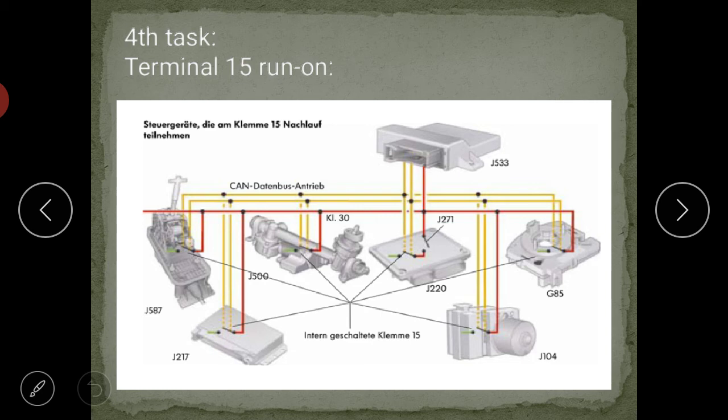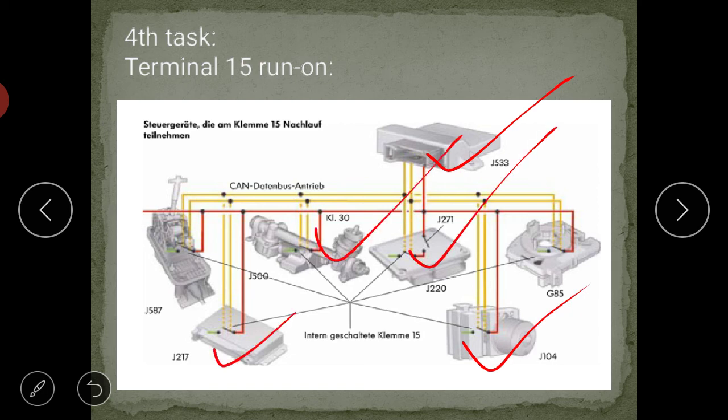You can see this one is the gateway. There are different control units: J104, J220, J509, J217. These are the different control units, and they need to transmit or share their information even though my ignition switch is off. So I need to transmit the data.